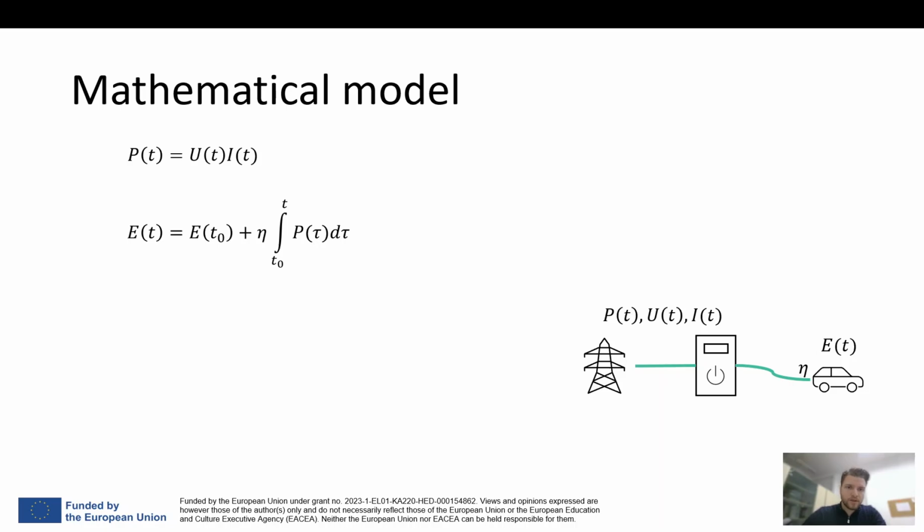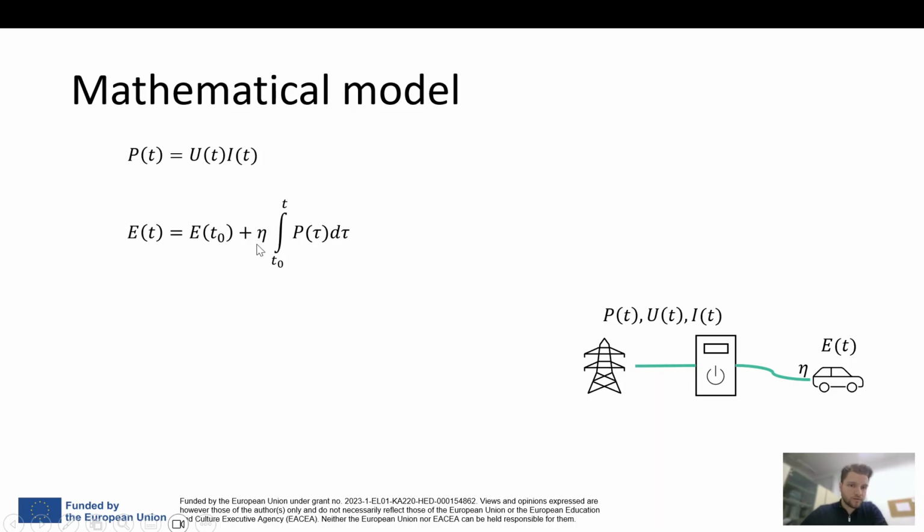Please be aware that this symbol eta, which symbolizes the charging efficiency, has now been taken in front of the integral as a constant. Why have we done this when we have discussed at such length that the charging efficiency can vary?